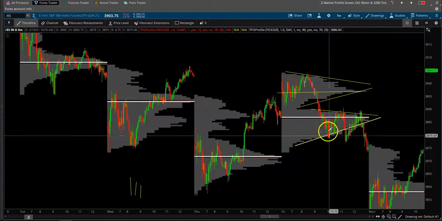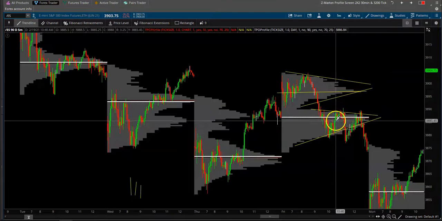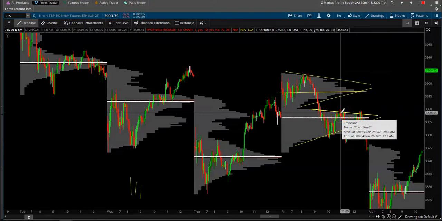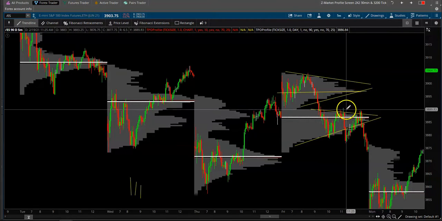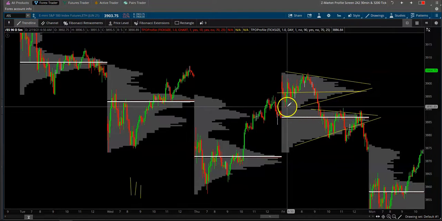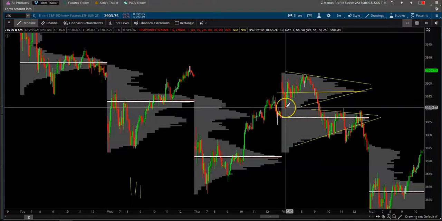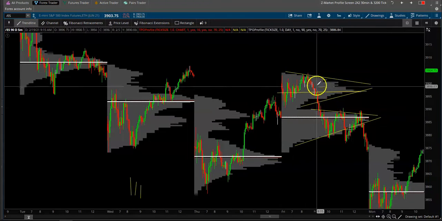So the sellers came in, price moved lower to find buyers, then bounced back up and found a resistance level. And usually this low volume node will counter with something like this, where it was maybe a swing low during the time frame.